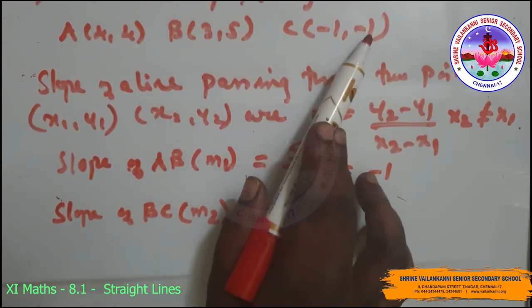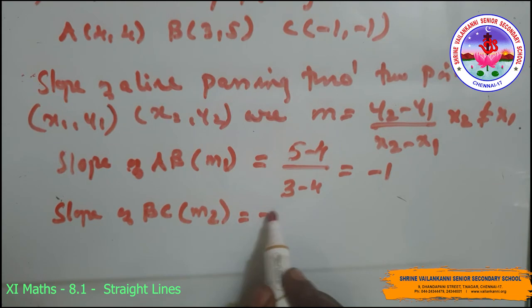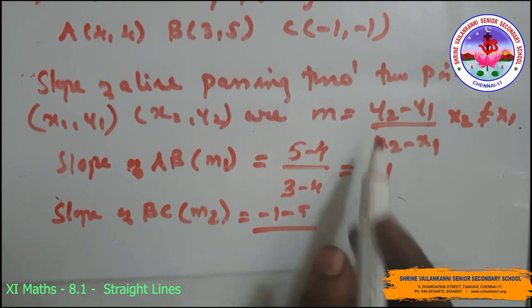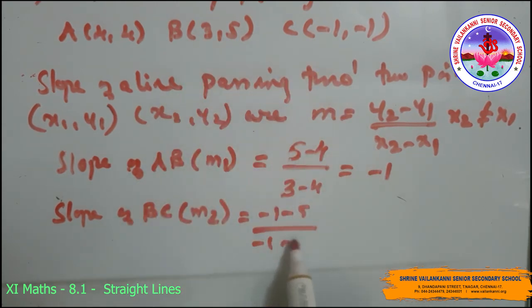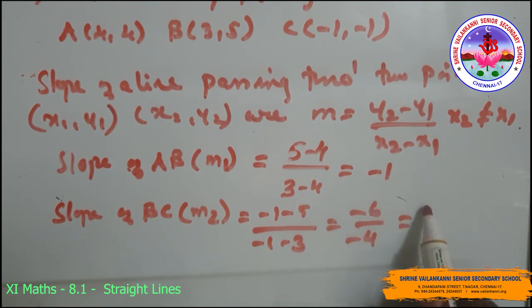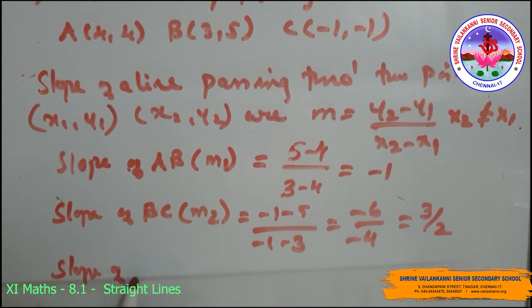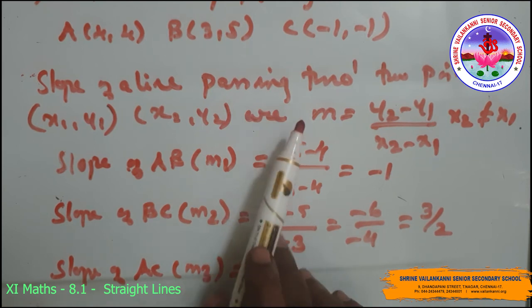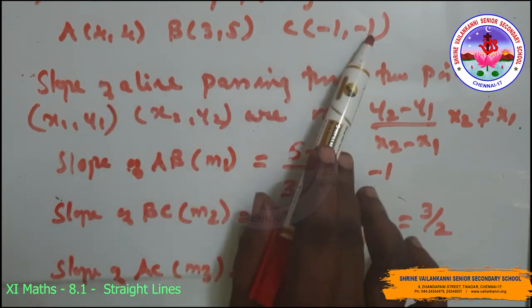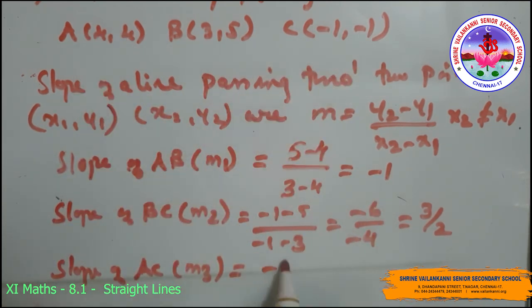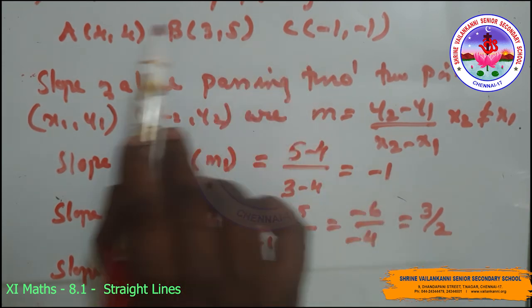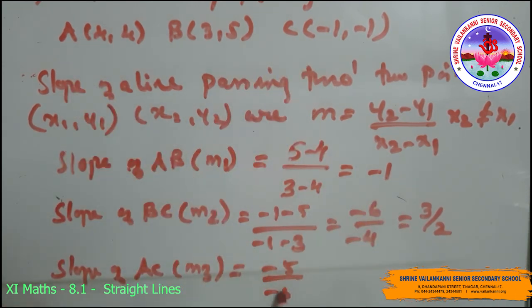So BC is (-1 - 5)/(-1 - 3), which is equal to -6/-4, which is 3/2. Next, slope of AC, we take it as M3. Then (-1 - 4), that is -5, by (-1 - 4), which is -5, which is equal to +1.